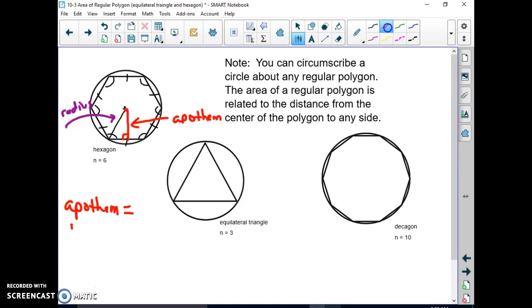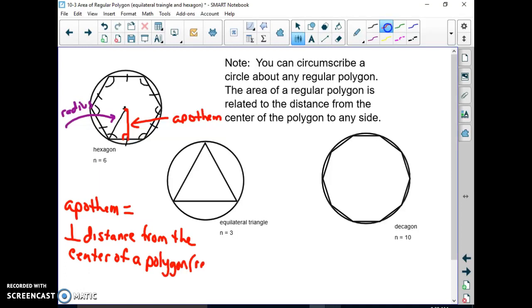is equal to the perpendicular distance from the center of a polygon, it has to be a regular polygon, to a side.